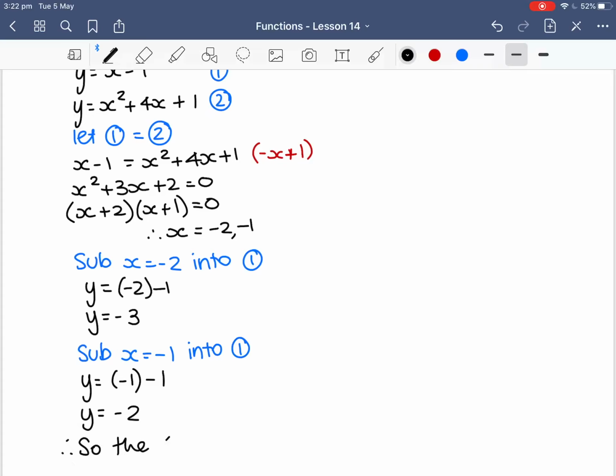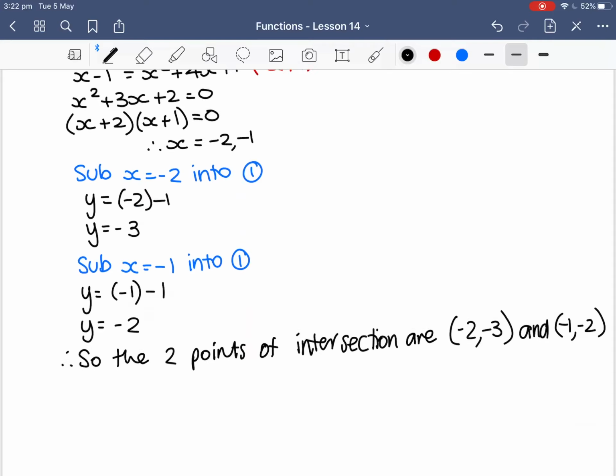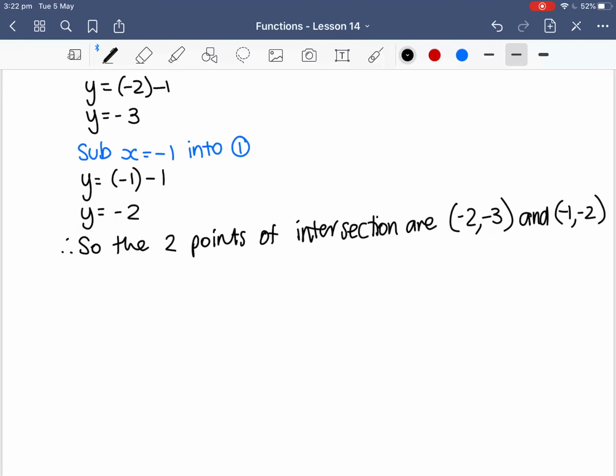So therefore the 2 points of intersection in this case are negative 2, negative 3, and negative 1, negative 2.